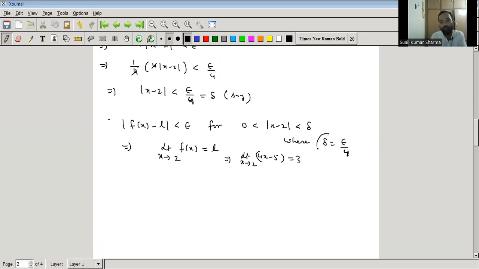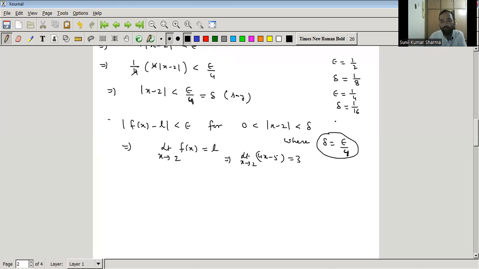Now, here you can find delta to be epsilon by 4. It means this delta depends upon epsilon. If we take epsilon equal to 1 by 2, then delta is 1 upon 8. If we take epsilon to be 1 upon 4, then this delta is 1 upon 16.